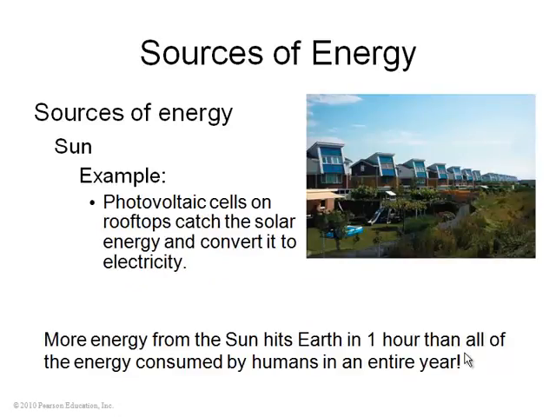Here's a picture of photovoltaic cells on rooftops that catch the solar energy and convert it to electricity. More energy from the sun hits Earth in 1 hour than all the energy consumed by humans in an entire year. So if we could capture 1 hour of the sun's energy, we would have enough energy to power everything we needed for a year.